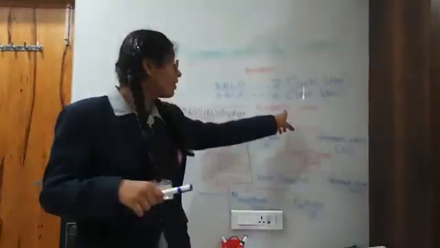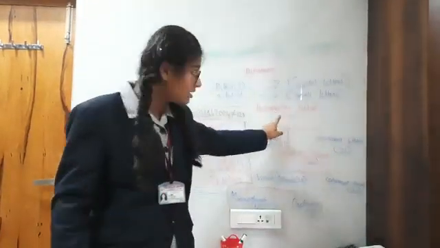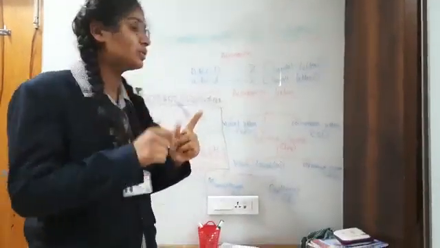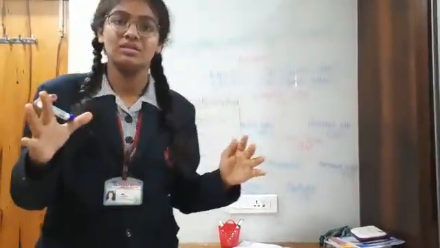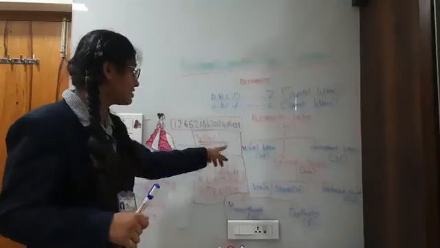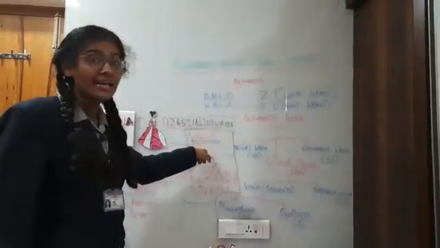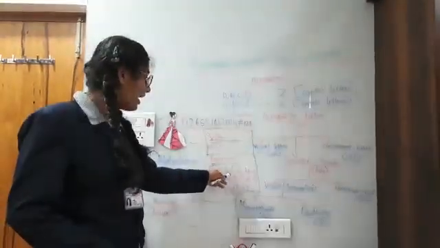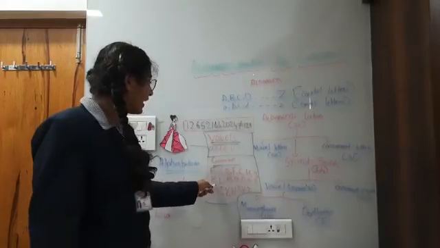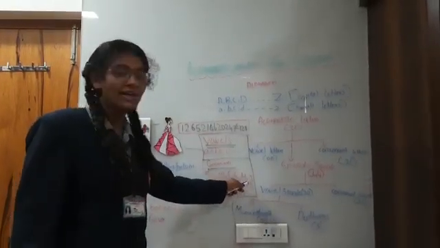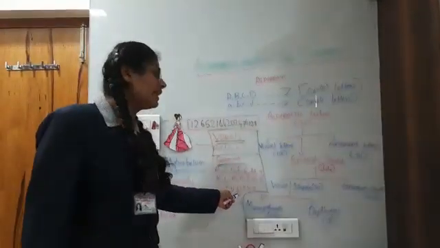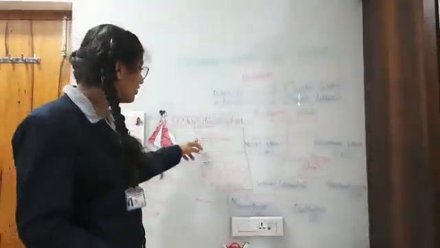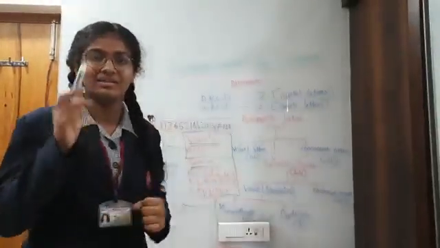So vowel letters are A, E, I, O, U. And consonants are B, C, D, F, G, H, J, K, L, M, N, P, Q, R, S, T, V, W, X, Y, Z. Yes, now we know which are vowel letters and which are consonant letters, right?